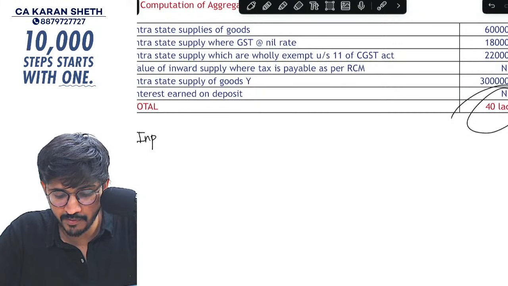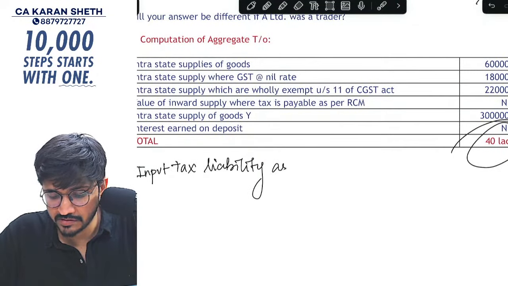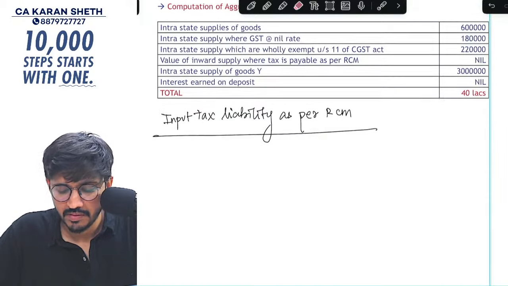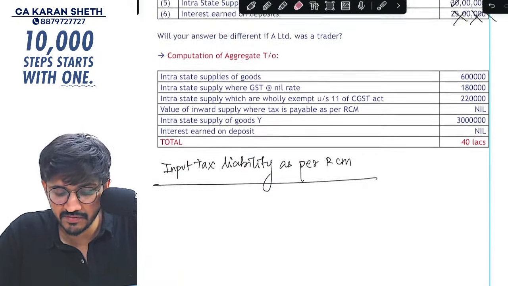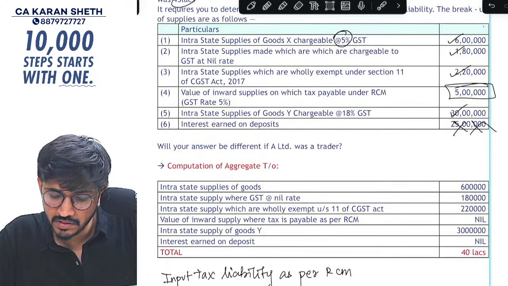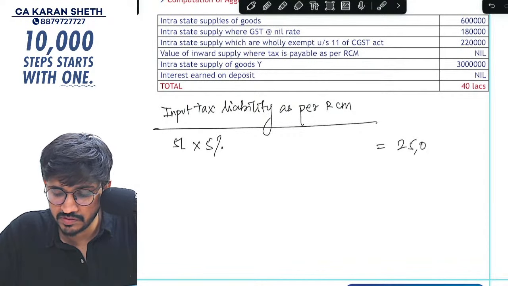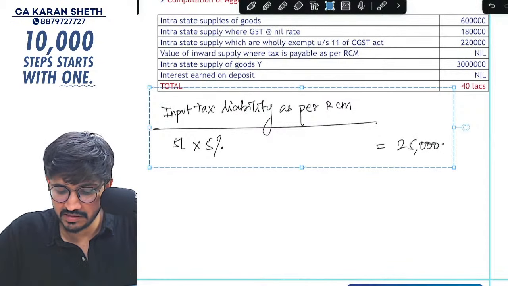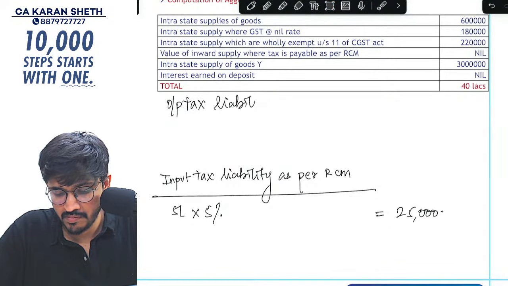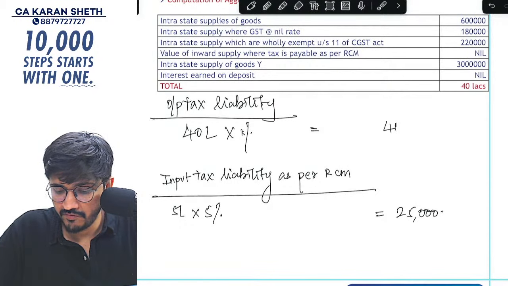तो यहाँ पे एक और आएगा, इनपुट टैक्स लायबिलिटी एज पर RCM. ठीक है. तो इनपुट टैक्स लायबिलिटी एज पर RCM में डेफिनेटली वी विल टेक इनटू कंसिडरेशन ₹5 lakh multiplied by 5%, that is 25,000. एंड ऊपर वाला जरा एक सेकंड में ठिकाने लगा देता हूँ. आउटपुट टैक्स लायबिलिटी is 40 lakhs multiplied by 1%, 40,000.